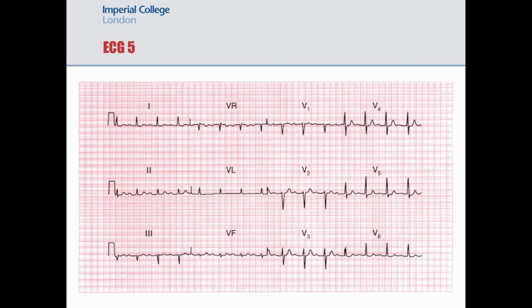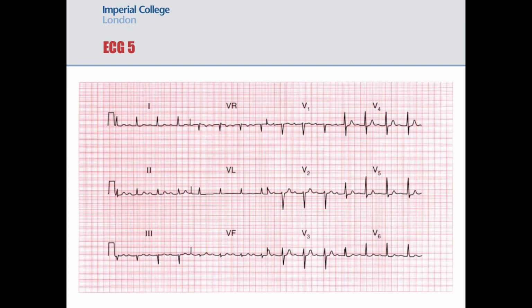We talked about the importance of knowing the normal range of your PR interval at the beginning. If you specifically look at leads 2 and 3, the P wave is definitely more than 5 small squares away from the start of QRS. So this is first degree heart block because the PR interval is prolonged.